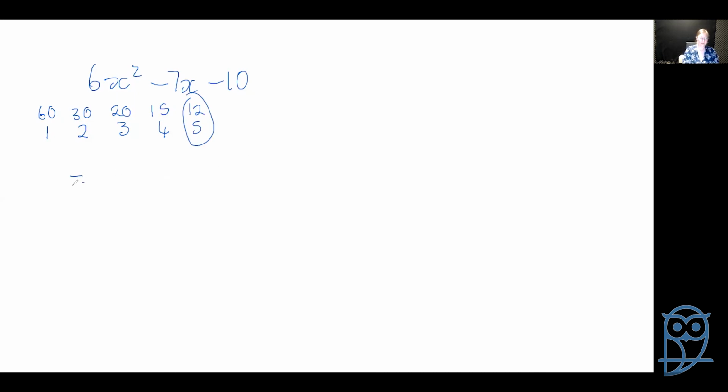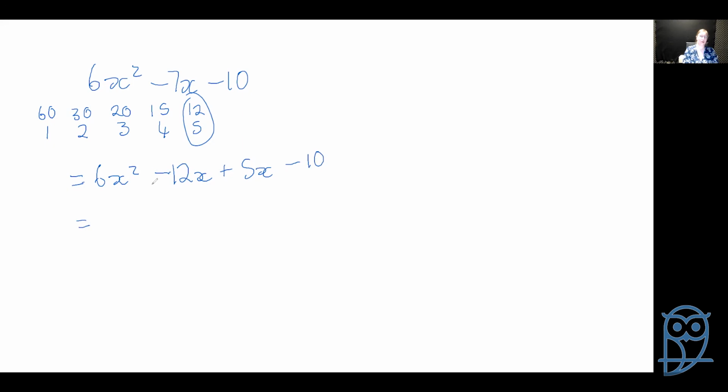So now we're going to write out our B differently. We've got 6x squared. We're going to do minus 12x plus 5x. These added together needs to give us that minus 7. So minus 12 plus 5 gives us minus 7. That's how you know where your signs are supposed to go. And then we have minus 10 over here.